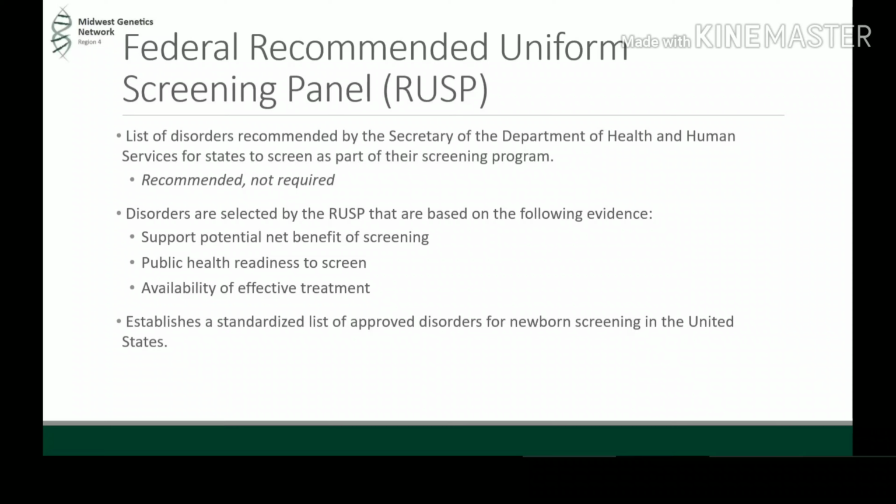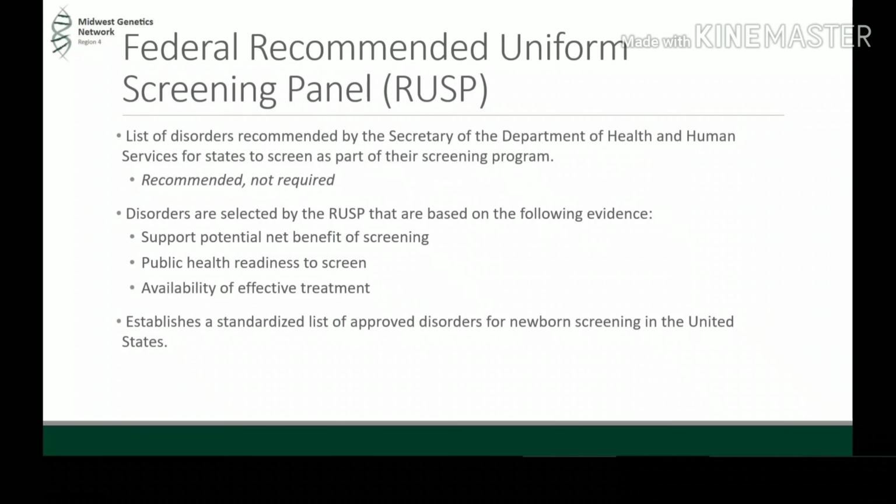And what that means is that by the end of the 1990s, newborn screening programs were screening for about a handful of disorders. However, if we fast forward to the early 2000s, expansion of newborn screening programs really hit a boom. And this was because of the introduction of tandem mass spectrometry that allowed programs to multiplex their testing and screen for a number of disorders using the same small blood spot.